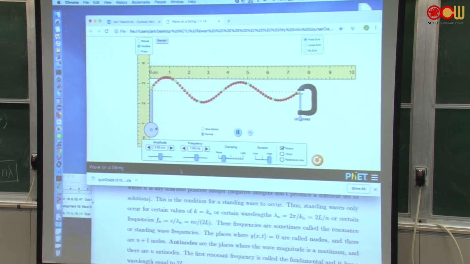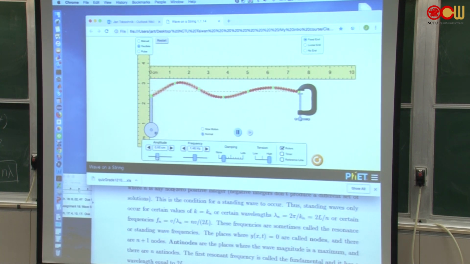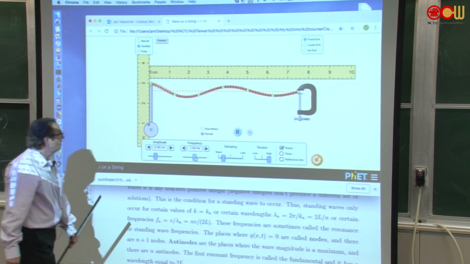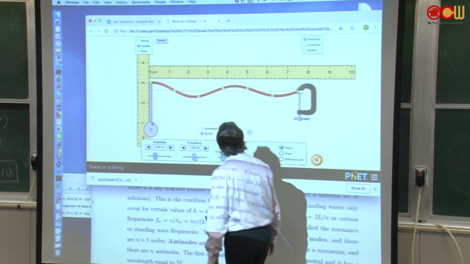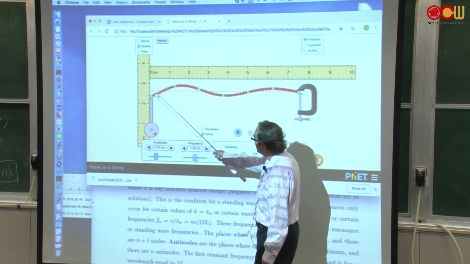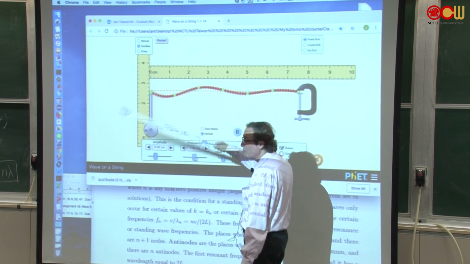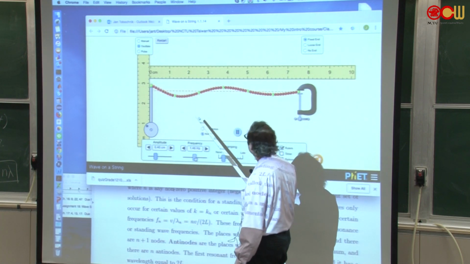All right, so I'm going to try making this a little better. I'm going to knock down the amplitude a little bit. So that's better, but not perfect. Part of the problem is this thing is not fixed at the end. So the condition we had over here is not true.